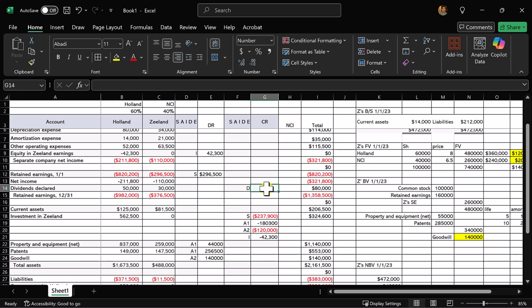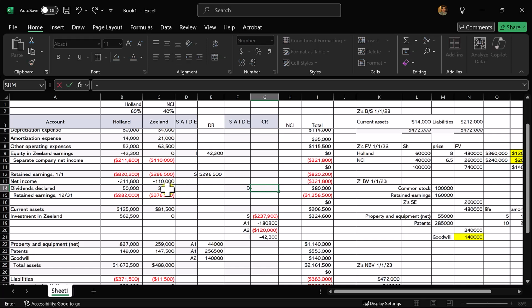We're going to be crediting this debit balance only for the 60% interest of Holland, the controlling interest, and leaving the 40% over here, not as an adjustment, but just as a carry over to this column, eventually reducing the amount here to 50,000. Okay, so credit, I know this is a negative.